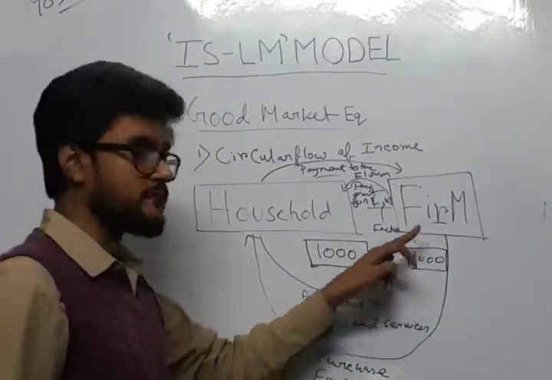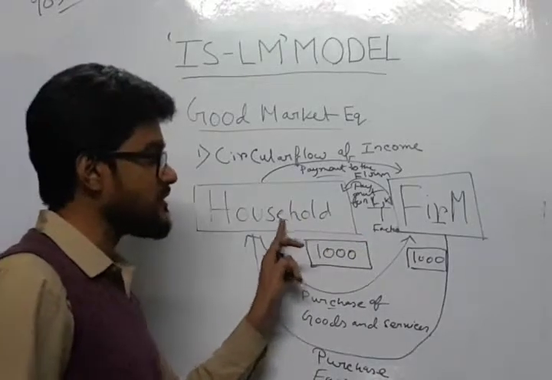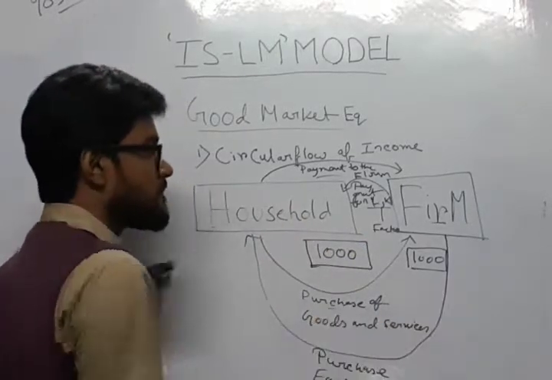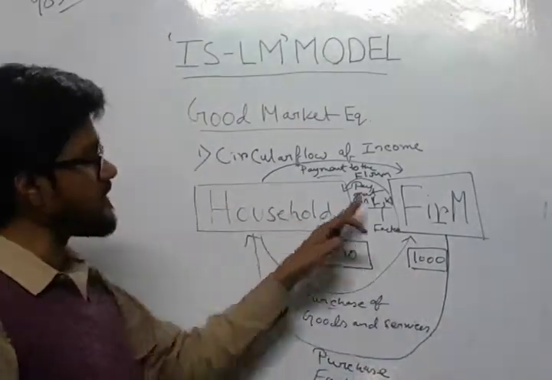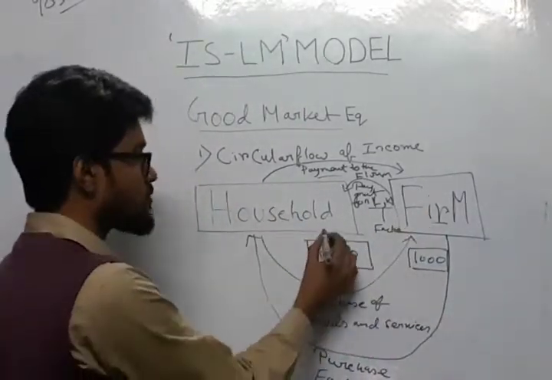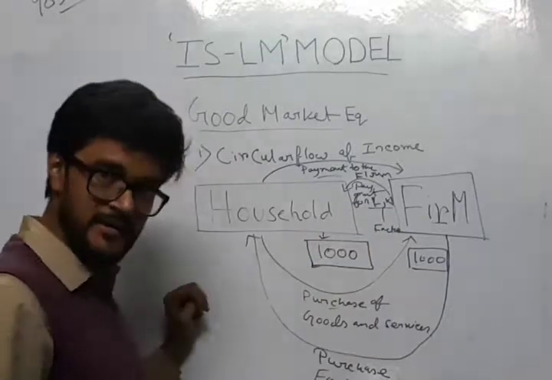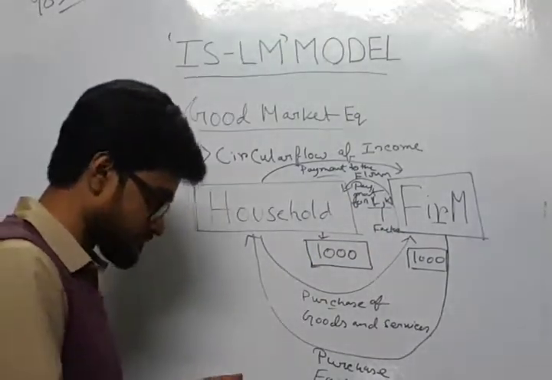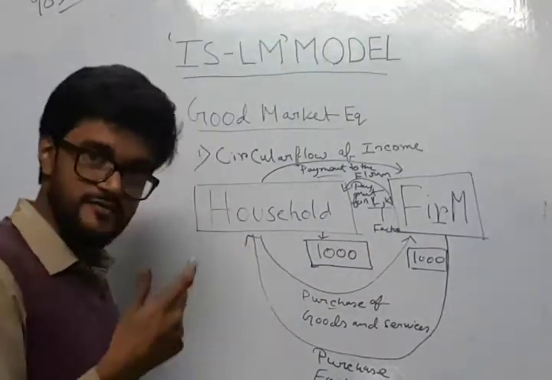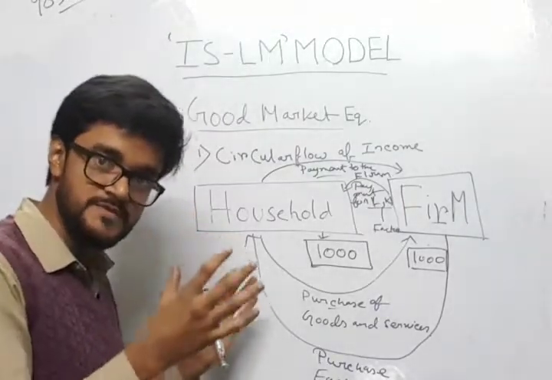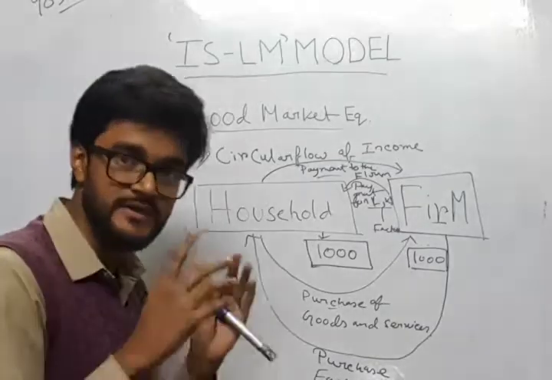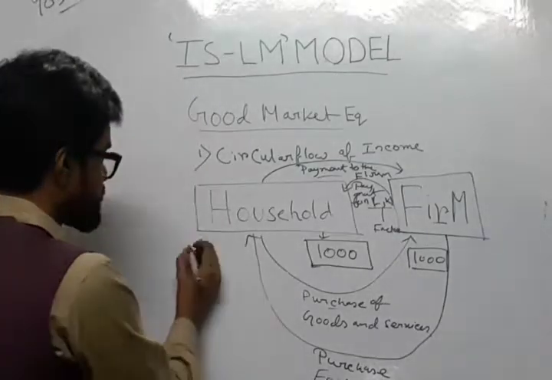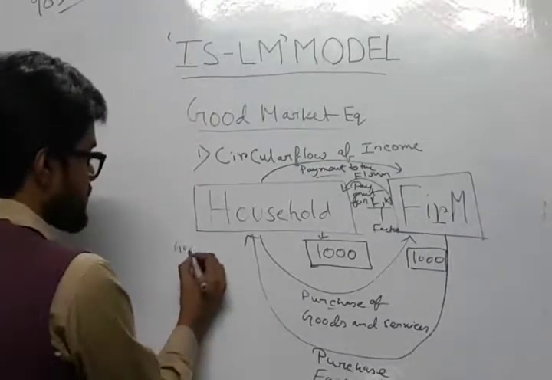Now, what will a household do? Here, the household buys this 1,000 rupees worth of goods from the firm. Now, the household has 1,000 rupees in hand. Like let's say, the central bank has produced 1,000 rupees because there are 1,000 rupees worth of goods and services in the economy.